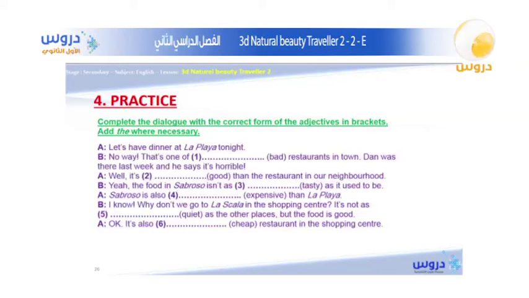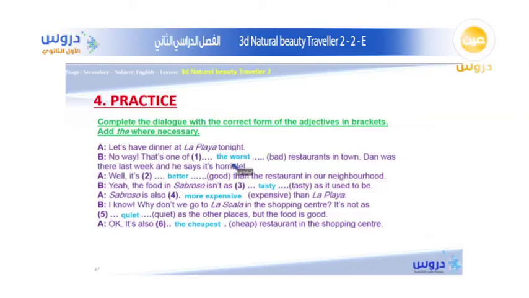Okay, so this is a common mistake for our students. Here we have irregular adjectives. If you'd like to compare bad and use the superlative, you have to add the worst. The worst. Okay, so that's one of the worst restaurants in town. Dan was there last week and he says it's horrible.